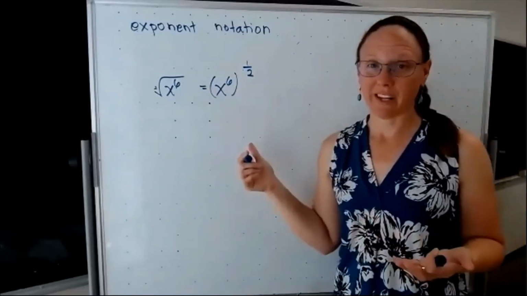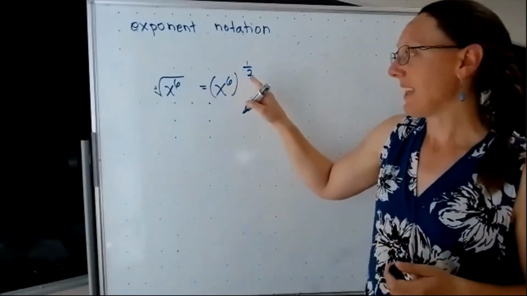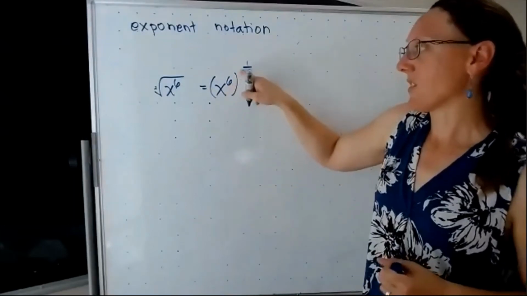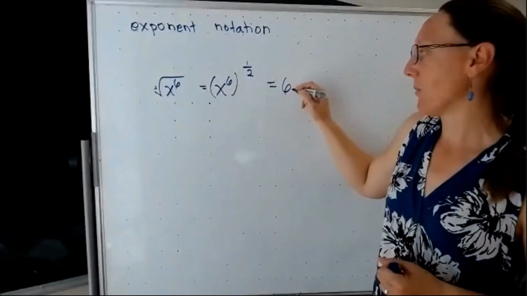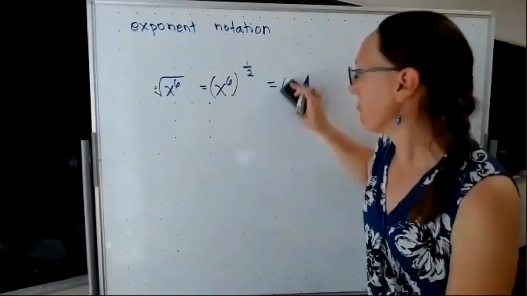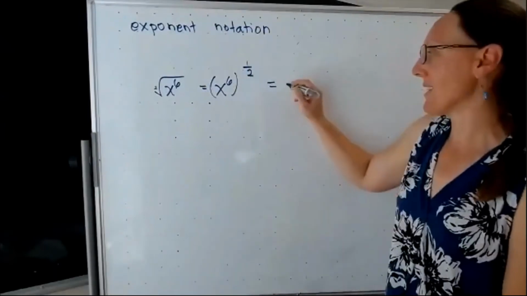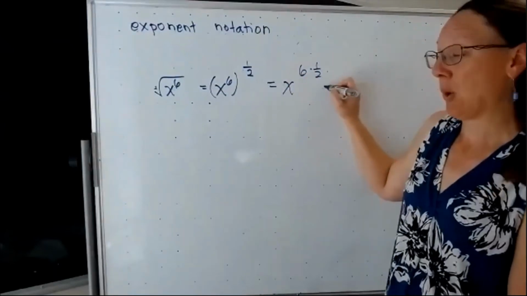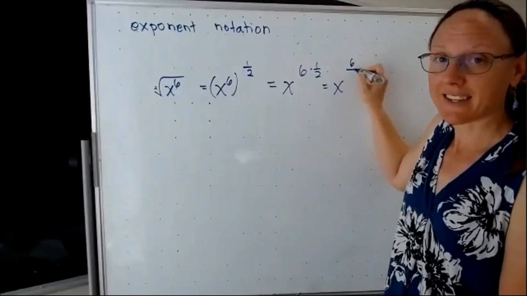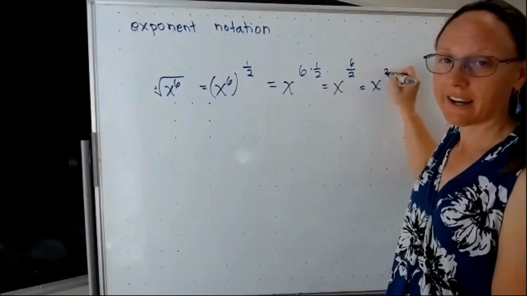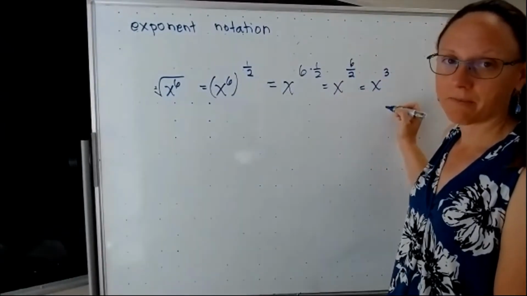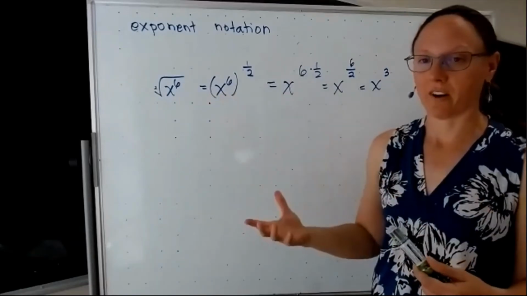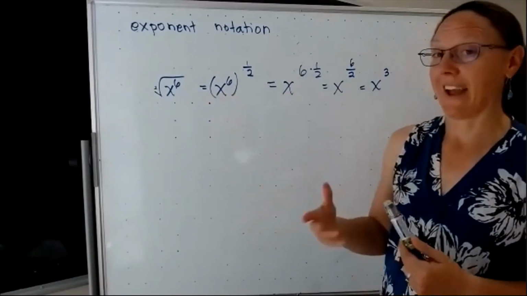The advantage of writing it like this is I can look at that and say, well, x to the 6 to the 1/2 is the same as x raised to the 6 times 1/2, or x to the 6/2, or x cubed. You don't have to write any of those intermediate steps. It's just whether that helps you at all.